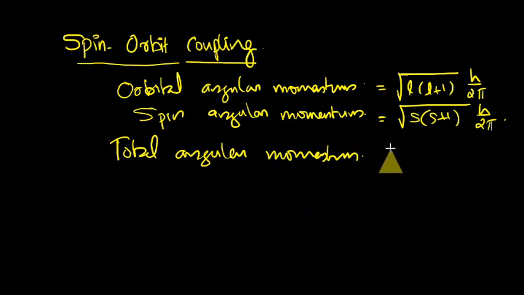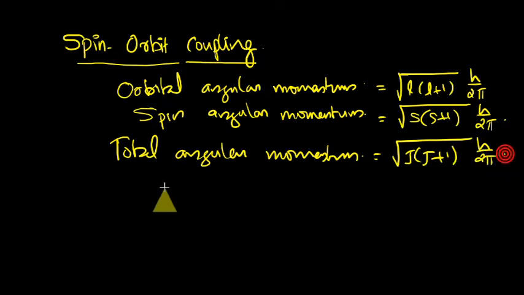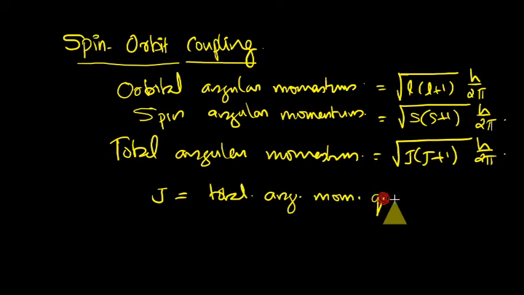So the magnitude of the total angular momentum is root of J into J plus 1 into h divided by 2 pi, where J is the total angular momentum quantum number.